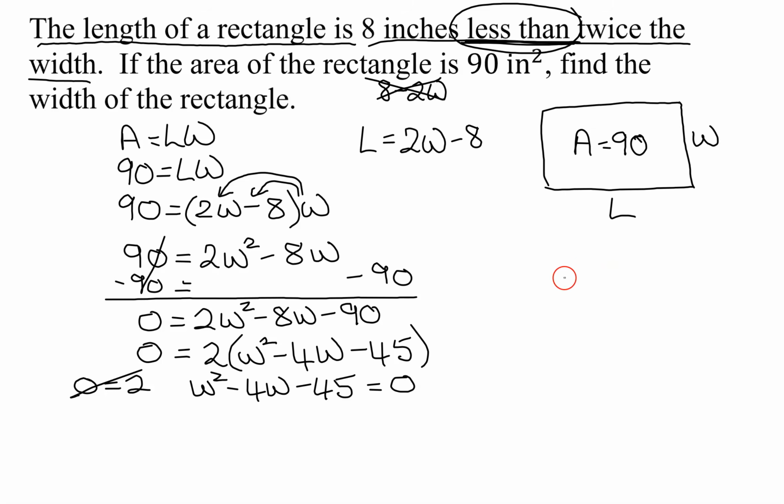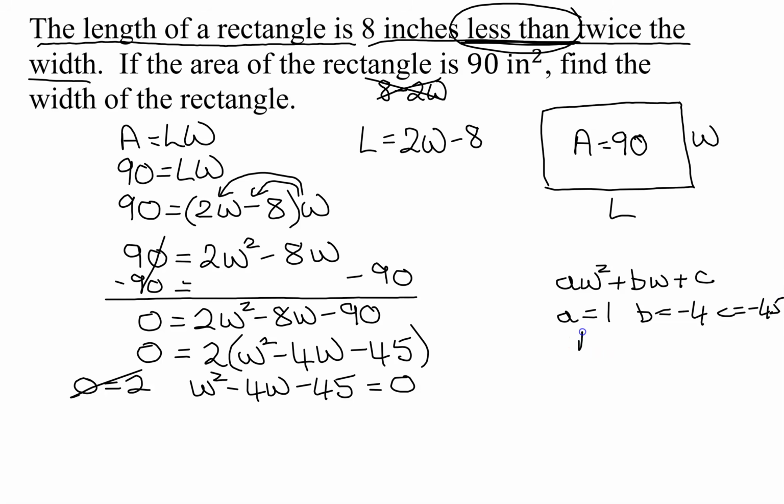So comparing that very quickly to AW squared plus BW plus C, in our case we know that A, the coefficient of the W squared, is 1. B is the coefficient of the W, which is negative 4, and C is the constant term, which is negative 45.